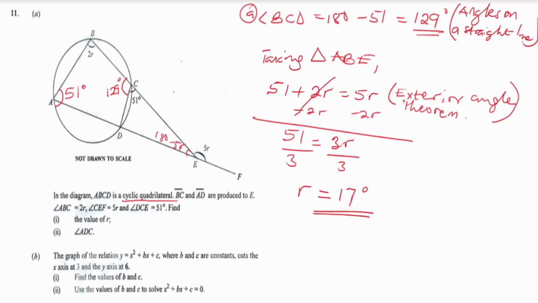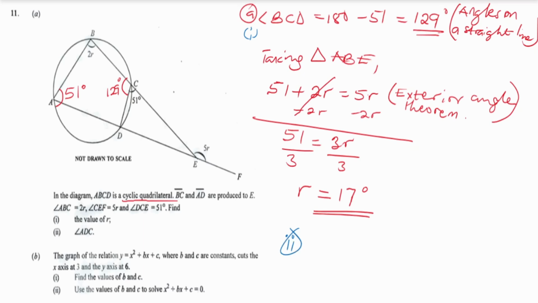Then we add this, that, and this, and equate it to 180 degrees and solve for r. That will also work because they are the three interior angles of triangle ABE. So that is another thing you can choose to do, and any other way you can think of. So this is I. Now let's do the II.